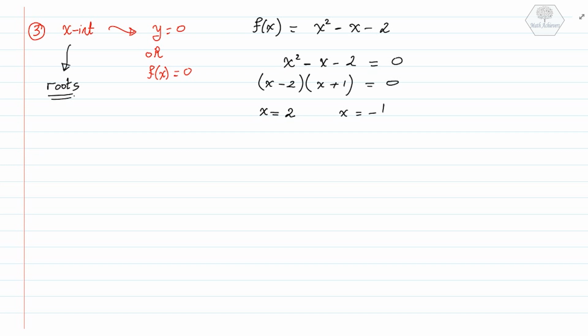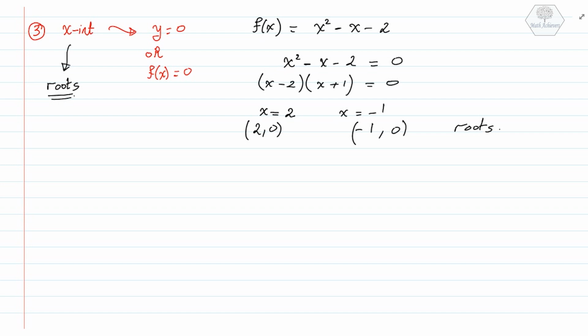So the x-intercepts are 2 and 0, and minus 1 and 0. We call these roots. Roots mean where the curve crosses the x-axis. This is how we can find the x-intercepts or the roots.